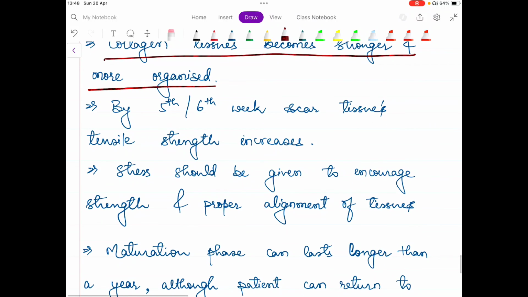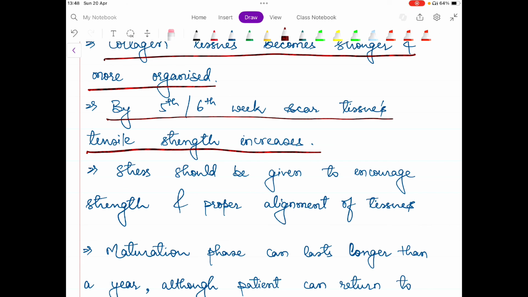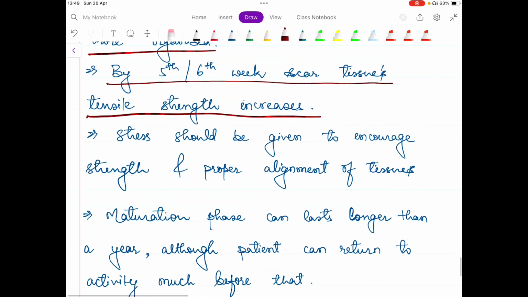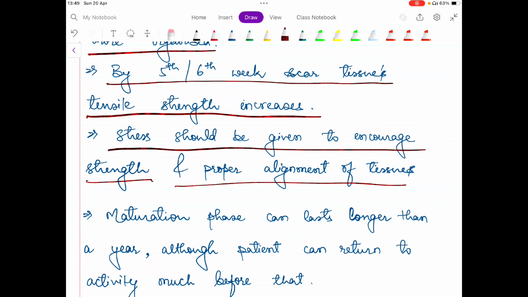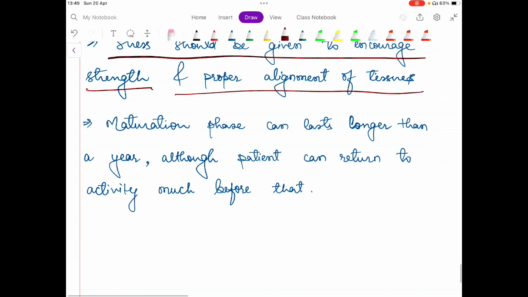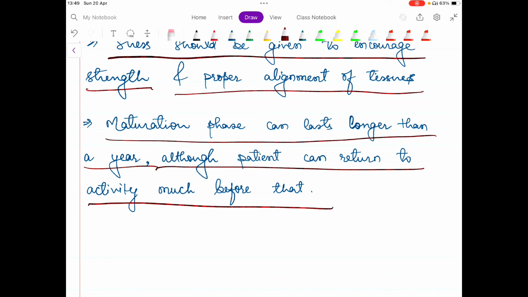By the end of the fifth or sixth week, the tensile strength of the scar tissue increases, so you can give more stress. Stress should be given to encourage strength and proper alignment of the tissues. The maturation phase can last longer than a year, but the patient can return to activity much before that, which is obvious.